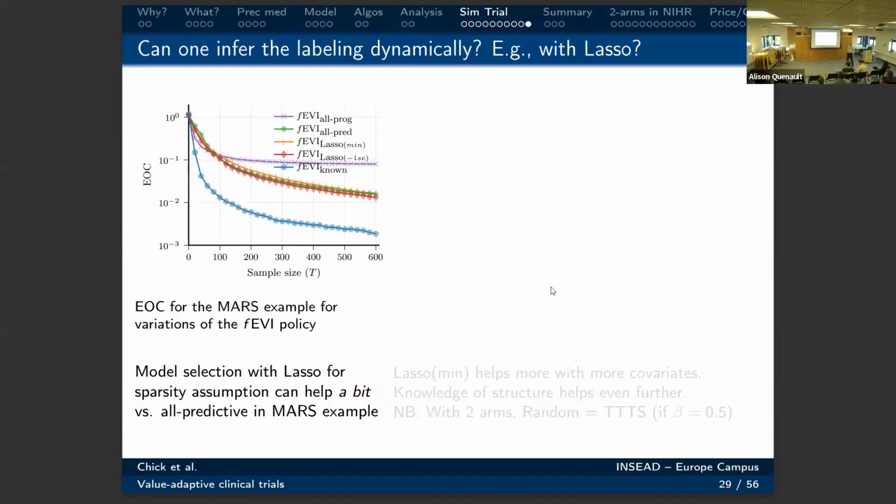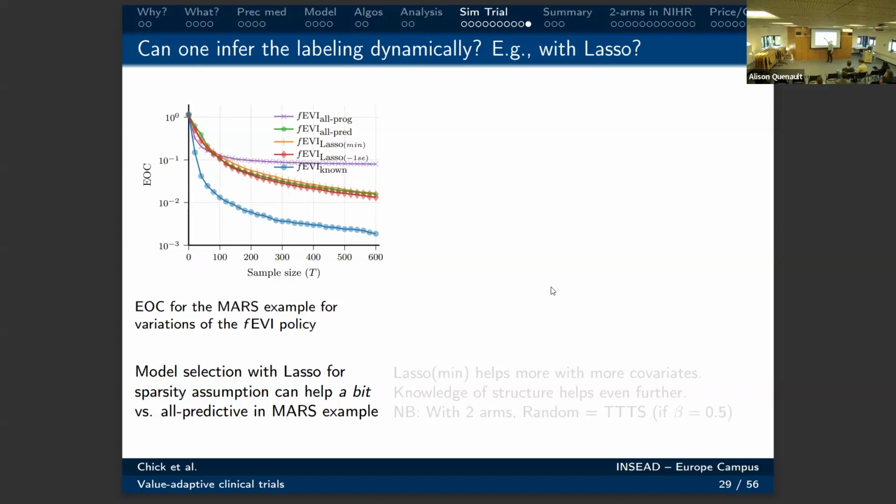But this kind of intuition we can quantify, right? The intuition makes sense. We can quantify that. What if we were to assume that everything had potentially predictive effects, and rather than assume we have to fit everything, let's just throw in a lasso once in a while, try to cut the number of covariates we have to estimate, and we'll re-update that every once in a while based on the data we have. And it turns out that that works reasonably well.